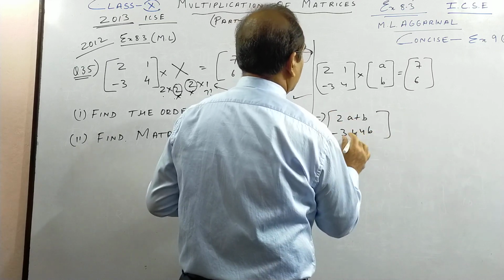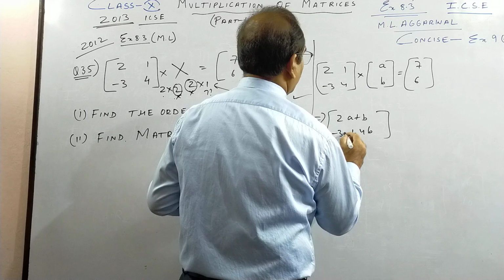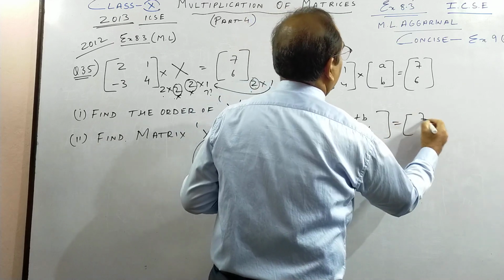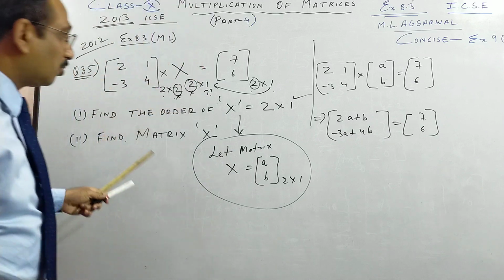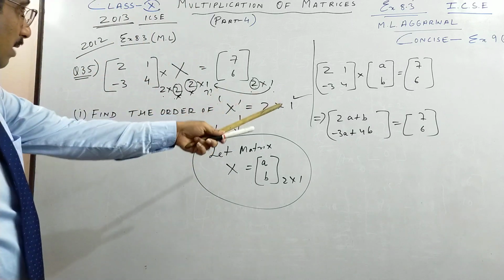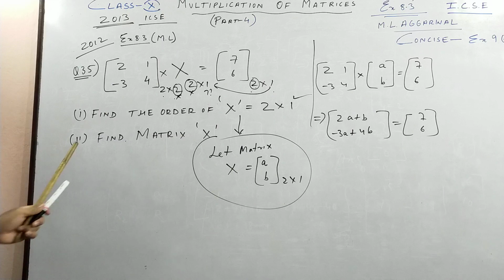So we have this equal to this. Here, please pause the video and copy. I'll solve the simultaneous equation here. So pause the video and solve. We will solve two simultaneous equations.